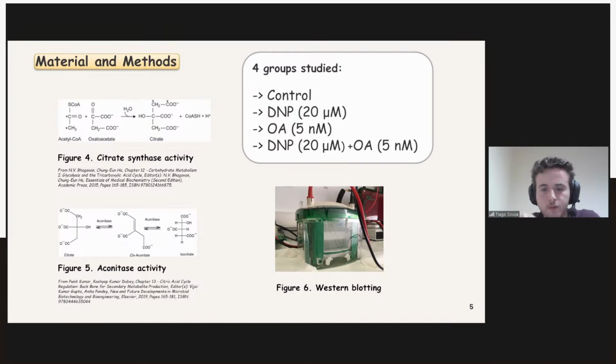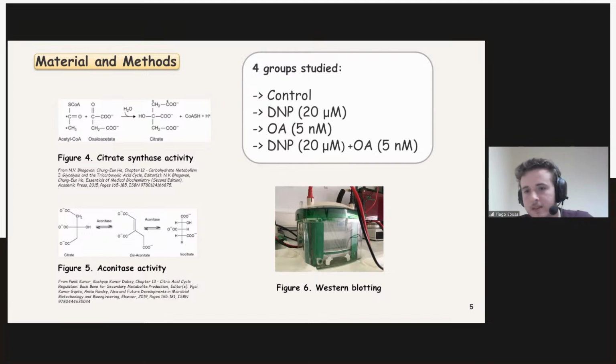So we evaluated the cellular viability using the MTT assay, that we all talked about here in our presentation because it's really important. We also evaluated the citrate synthase activity because it's a marker for mitochondrial mass, and we also used aconitase activity.